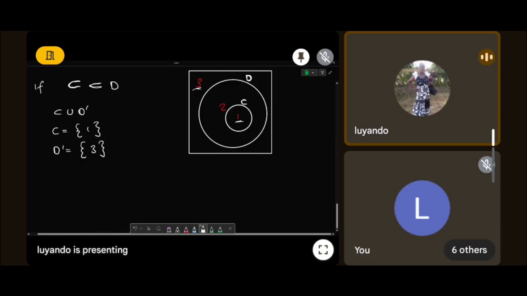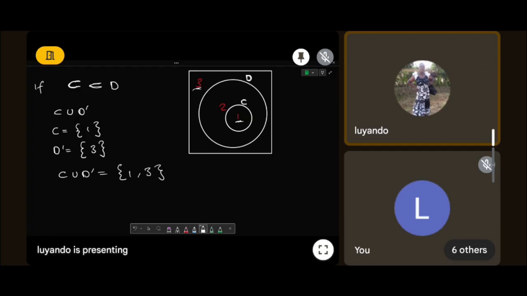If we were to take the union of this, C union D complement would be 1, 2.